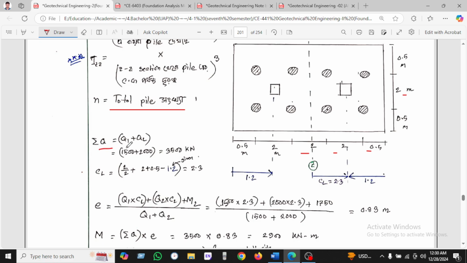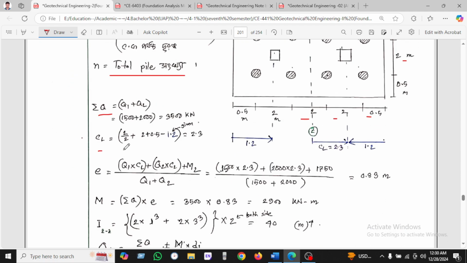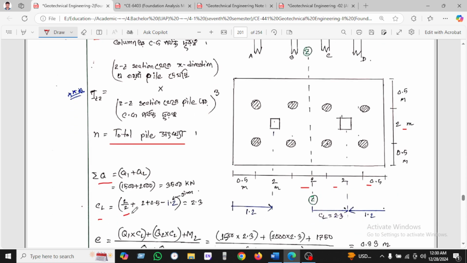So we know the Q equal to Q1 plus Q2, the force is given here, and CL equal to, we can see here, 2 divided by 2 plus 0.5 into 2 is 0.2 is given, so 2.3.